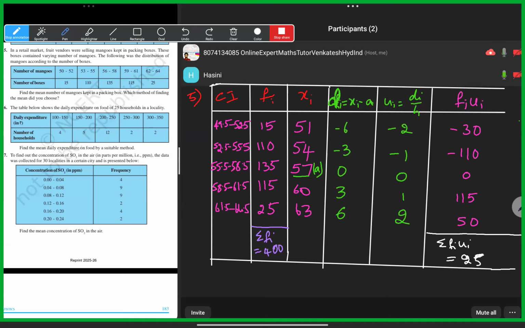So mean is equal to x bar, step deviation. Now Hasni, the formula is a plus sigma fi ui by sigma fi into h.